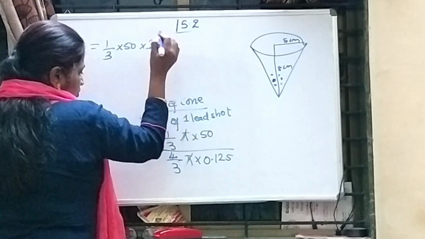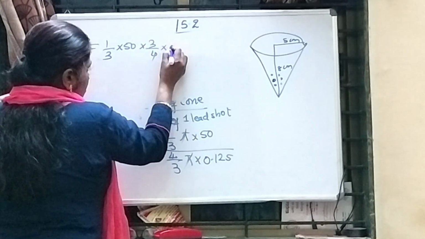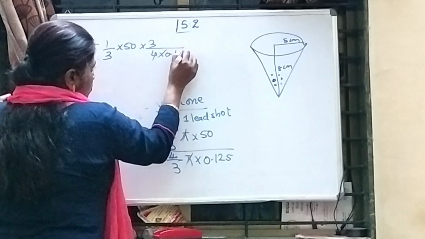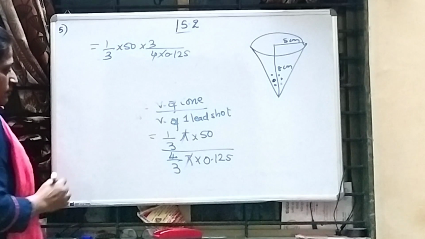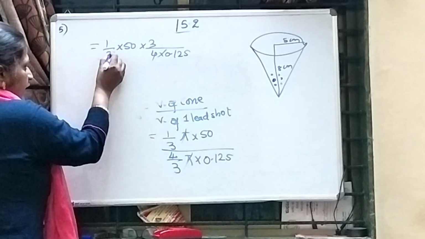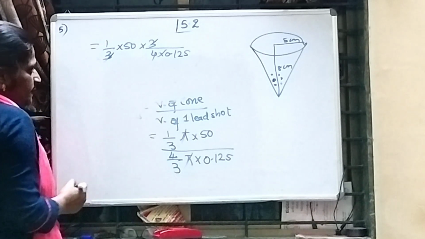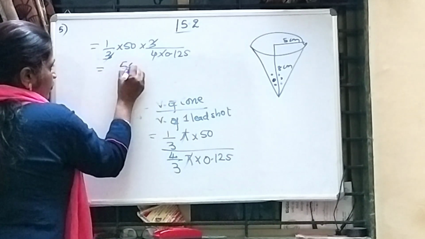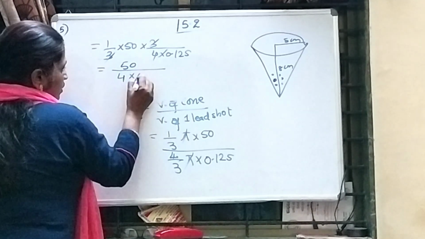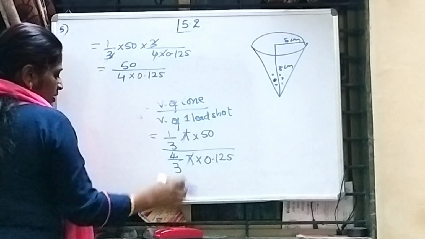Into 0.125. This much is in the denominator, it remains in the denominator. Now 3 gets cancelled. So it becomes 50 divided by 4 into 0.125.